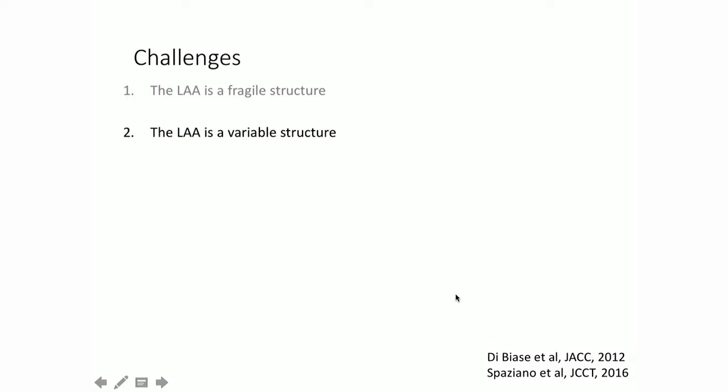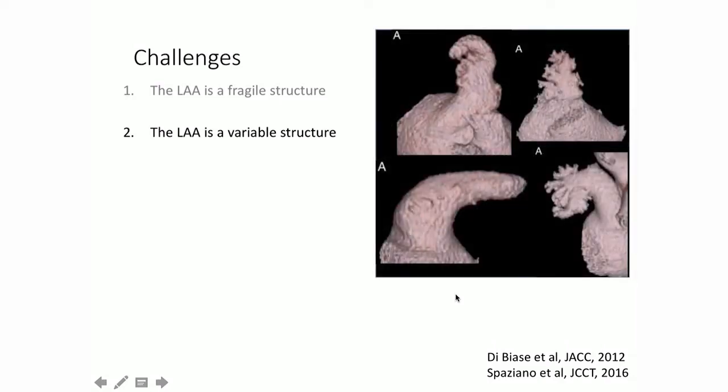In comparison, when you're performing LAA closure, you're essentially putting a plug, which is not necessarily a tubular structure, into a very variable morphologic cardiac structure, which could be the shape of a chicken wing, a windsock, a cauliflower, a cactus. So it could become somewhat more complicated to position the device properly.